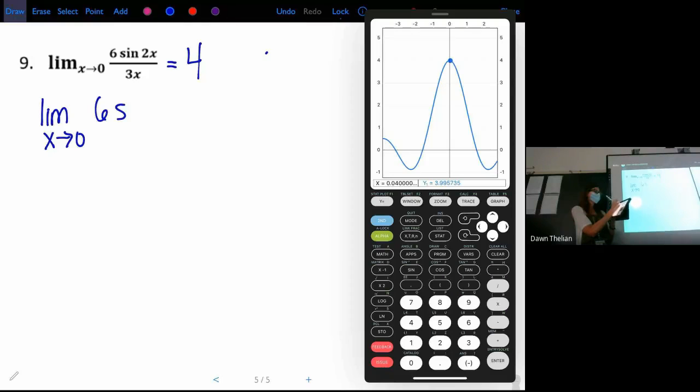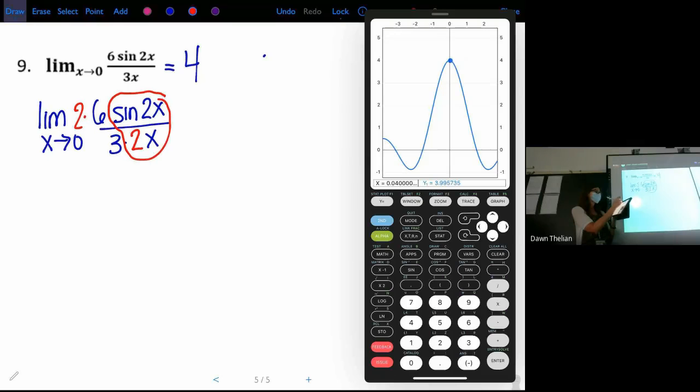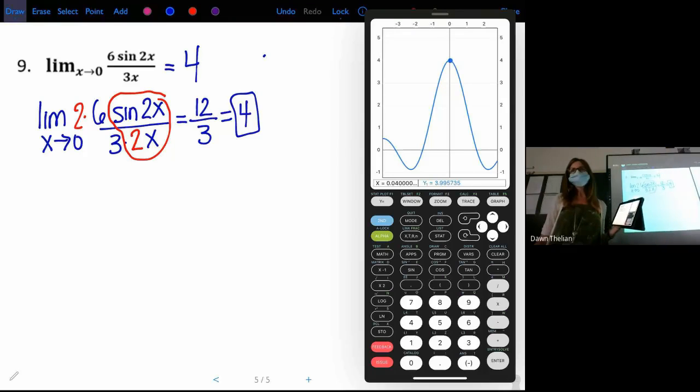So if I just leave a space between my 3 and the x, that allows me to multiply a 2 to the bottom and a 2 to the top. And here's why I'm saying it's just 2 times 6 divided by 3, because when you actually create that blob successfully, the constants are what still prevail after you blob out the sine x over x.